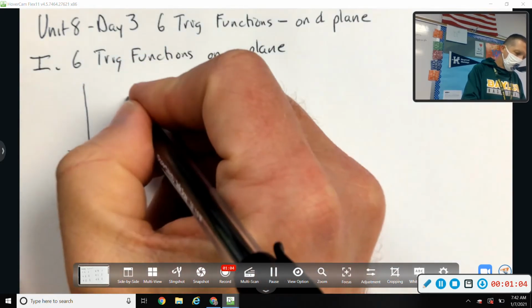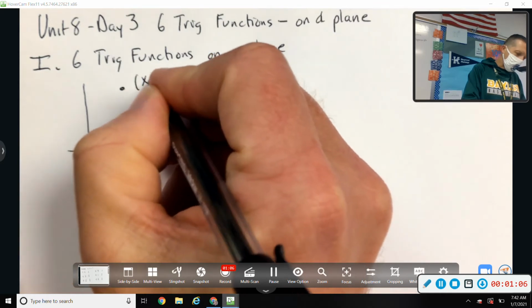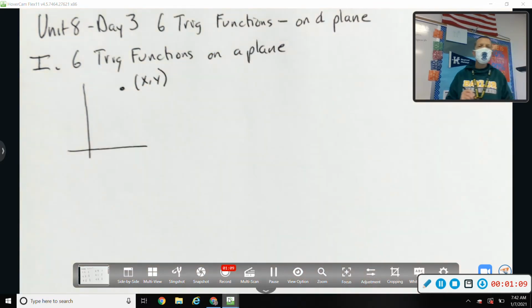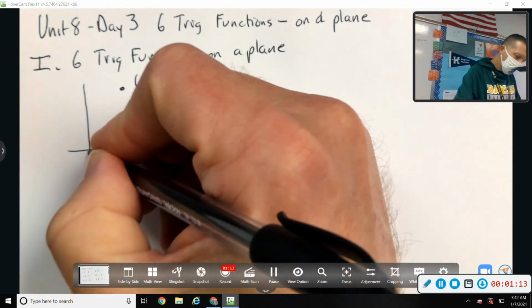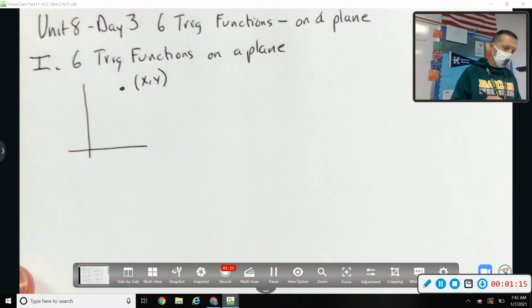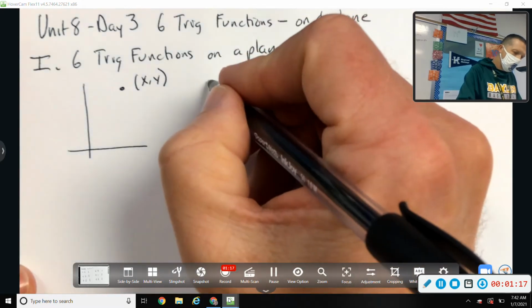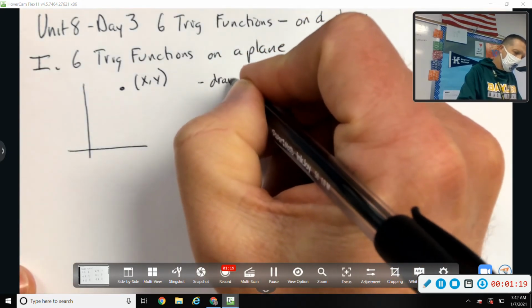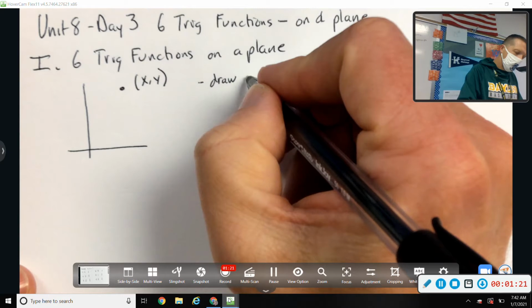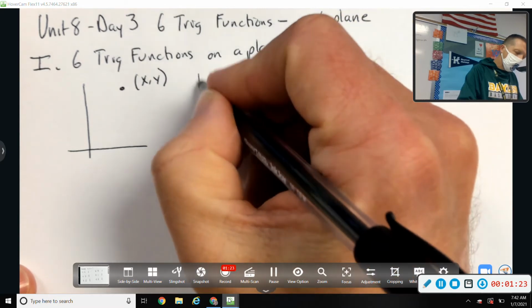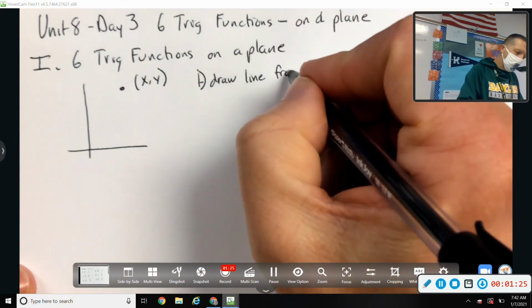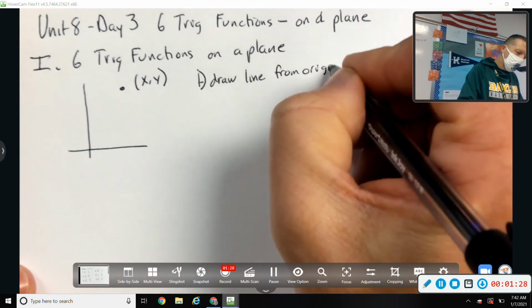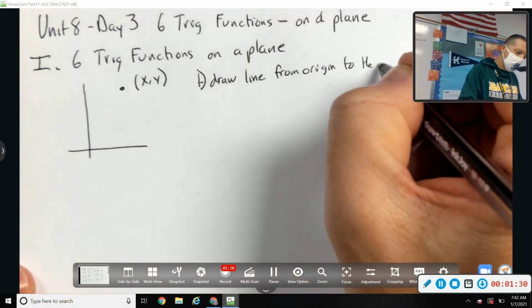So let's say we got the point (x, y), and we want to make a triangle with that point.